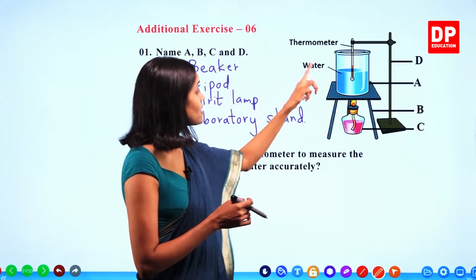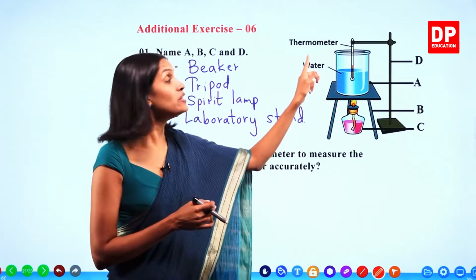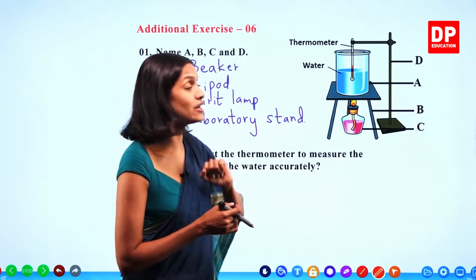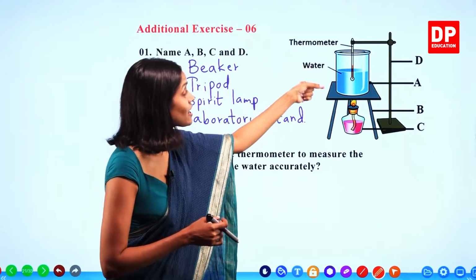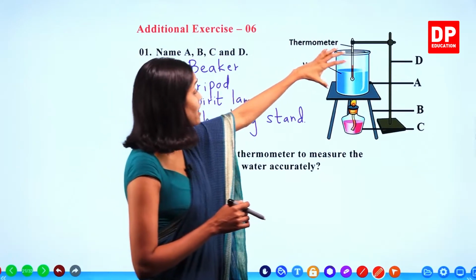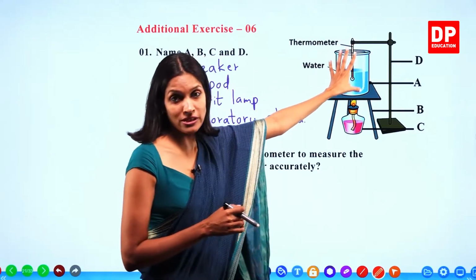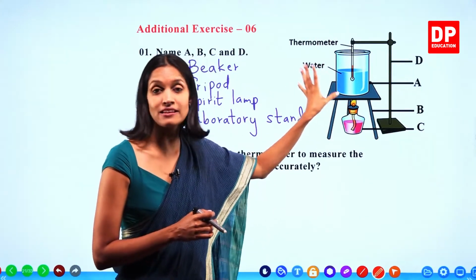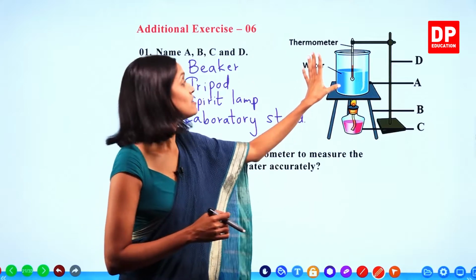Right? There's another important thing. When you take the reading, when you read the temperature of the liquid, you should not take out the thermometer and read it. Right? While you are reading the thermometer, the bulb of the thermometer should be still inside the liquid. Right? Otherwise, what will happen?